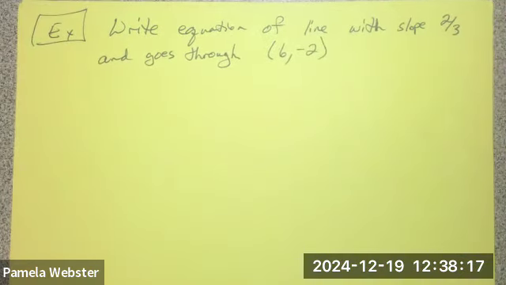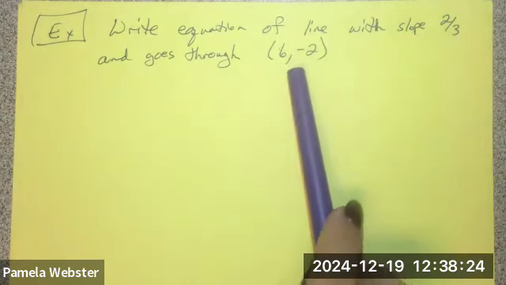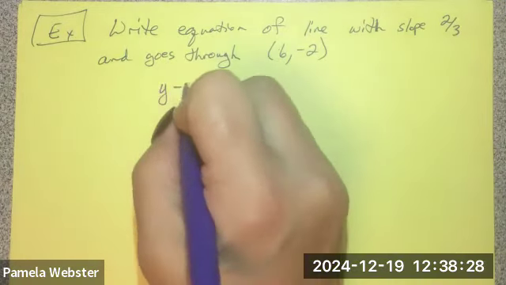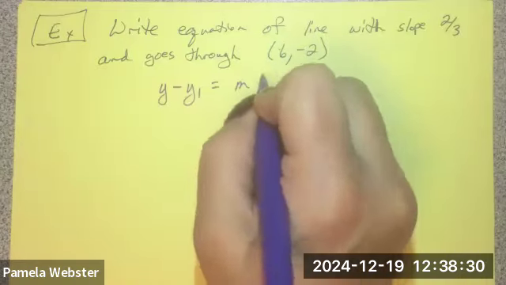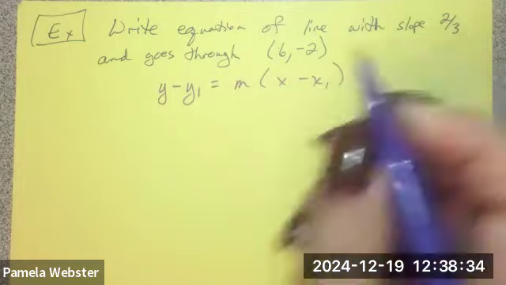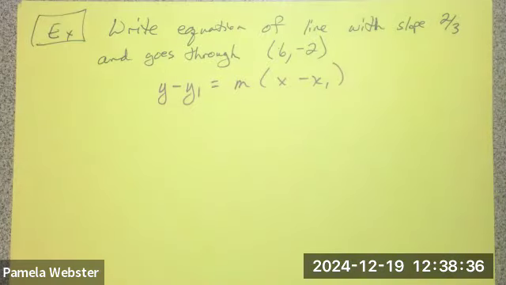So we're going to write that equation of a line. All right. Well, I look at this and I say, hey, I have the slope and I have a point. So I'm going to use the point slope formula. Again, just so we're in the habit of writing them, y minus y1 equals m times x minus x1. And I'm just going to plug the stuff in where it goes.